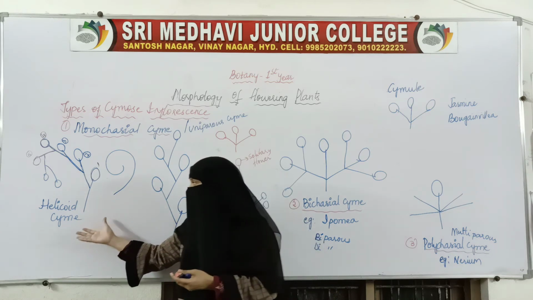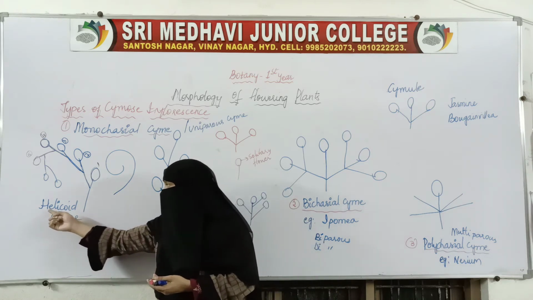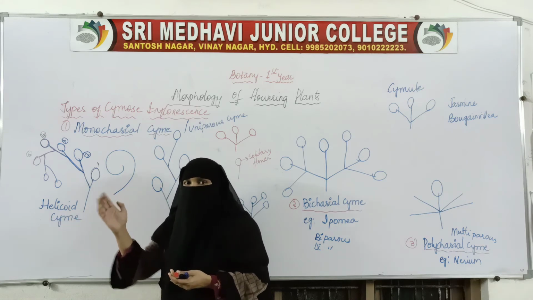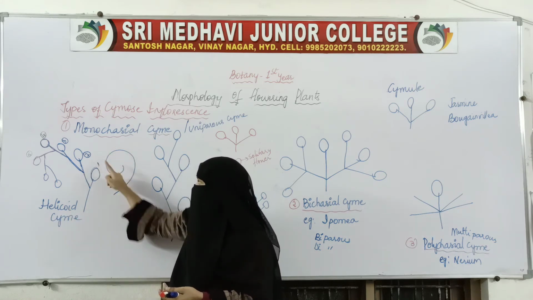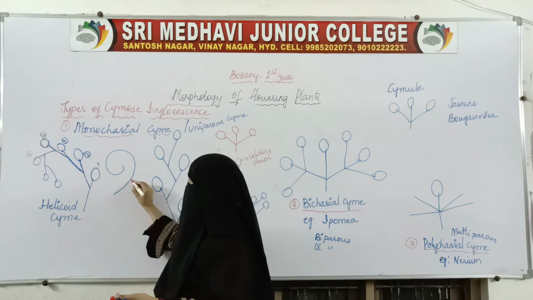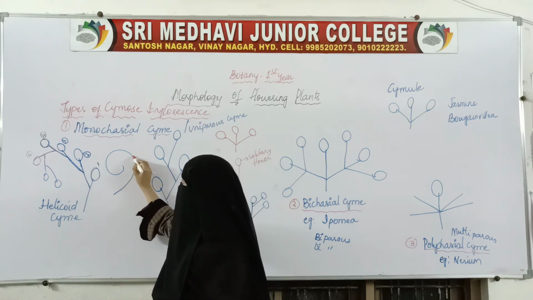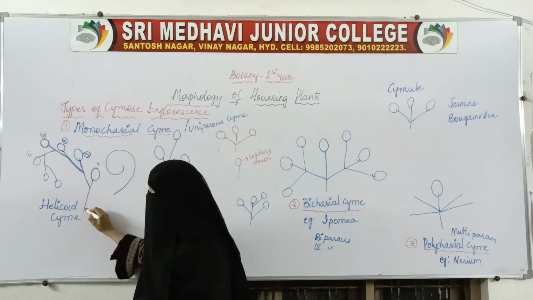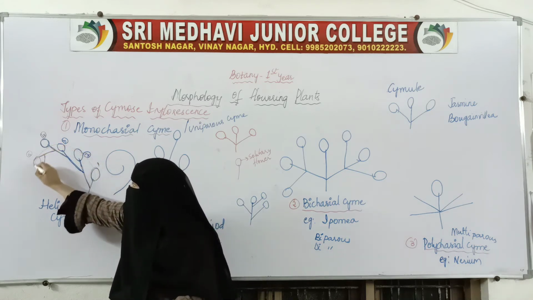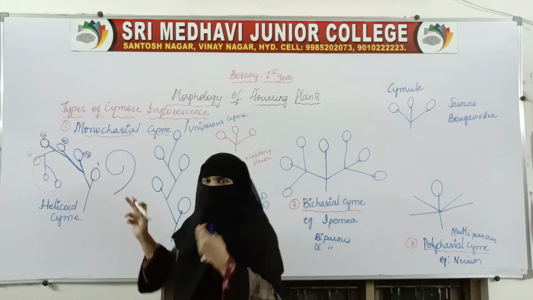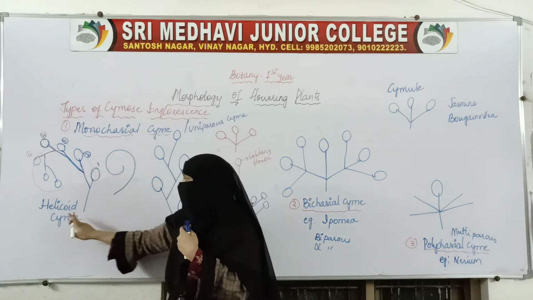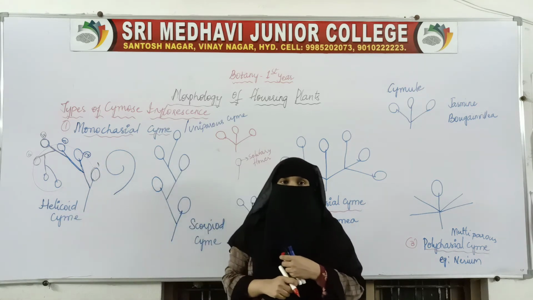So this type of arrangement is called helicoid cyme. Helical means coiled structure. Every time from here a branch arises and gives a flower, and again from here a branch arises. If I draw it like this, it appears like a coil. So this is called helicoid cyme.